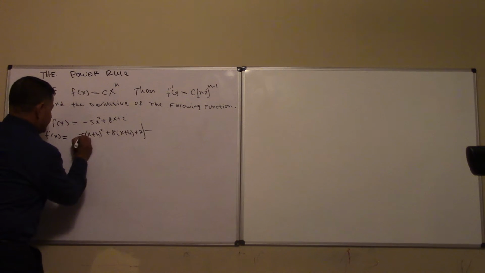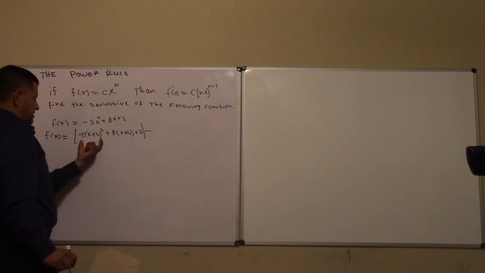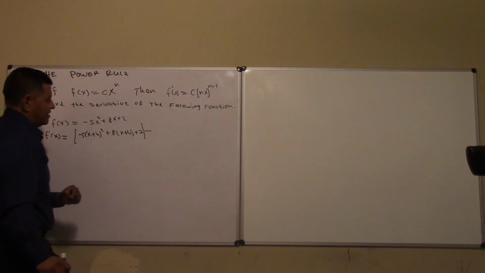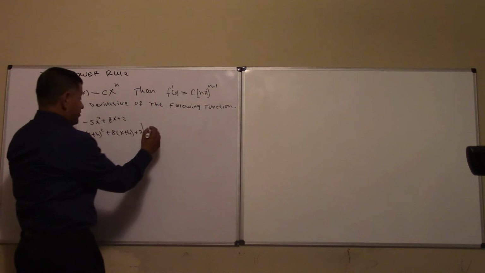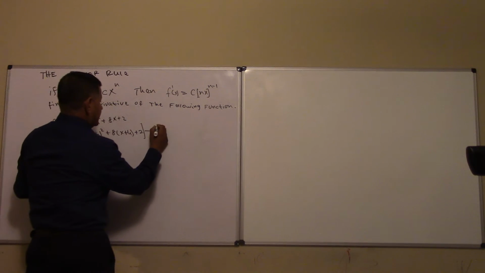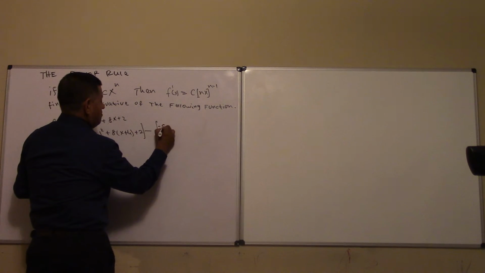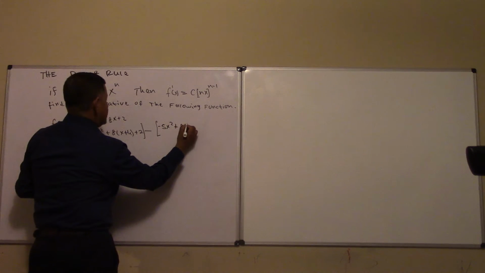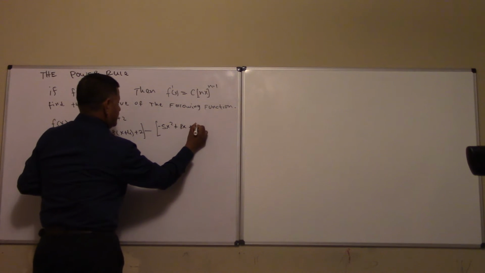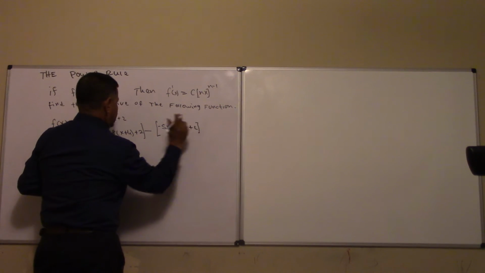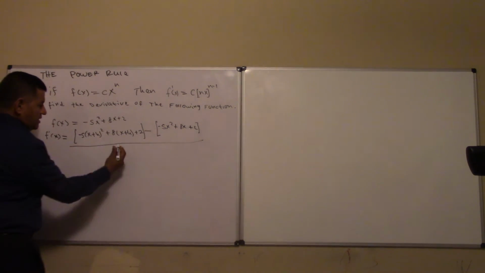This minus 5 only multiplies this piece, not the whole thing. Now, minus the whole function, I have to take into account the negative sign in front of it, and I get minus minus 5x squared plus 8x plus 2, and everything over h.